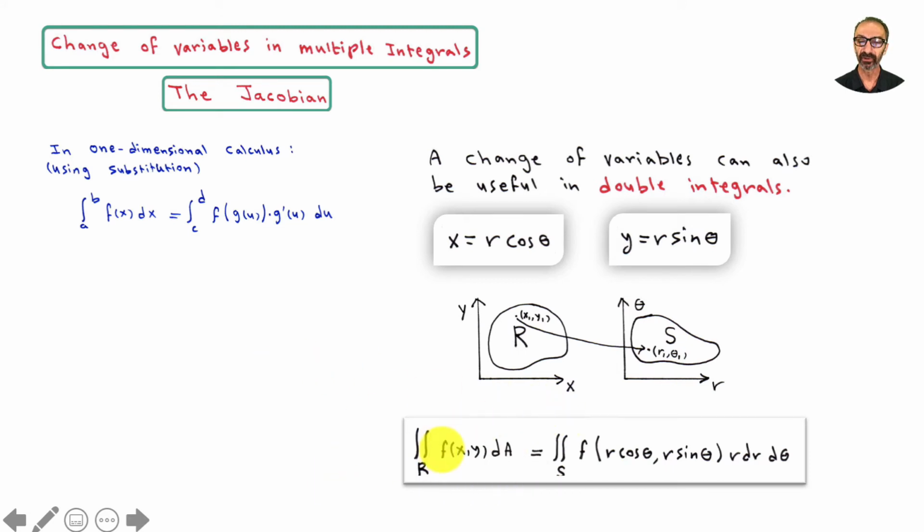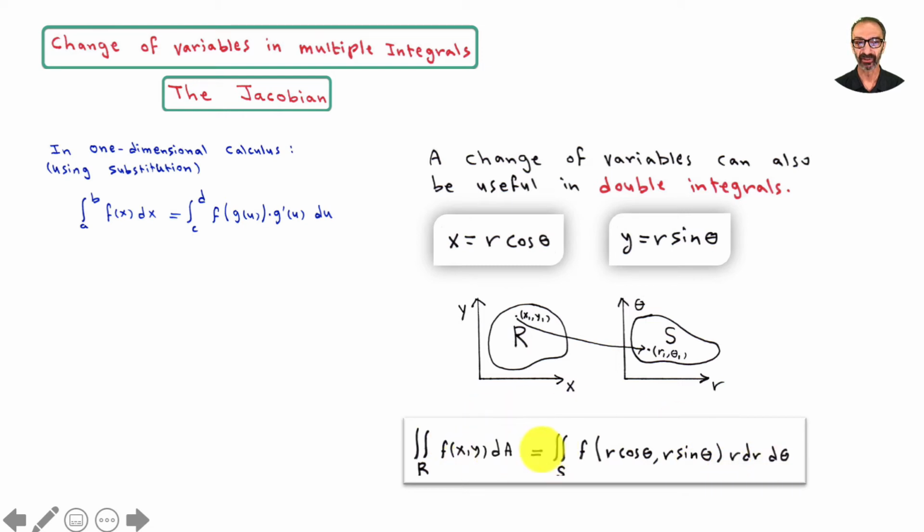So the double integral over the region R of f of xy dA will be transformed to the double integral over the region S of f of r cosine theta, r sine theta, r dr d theta.